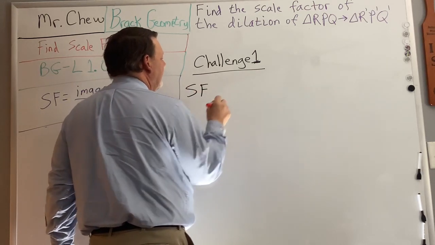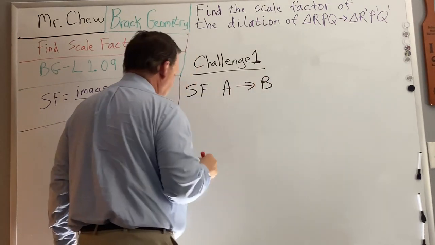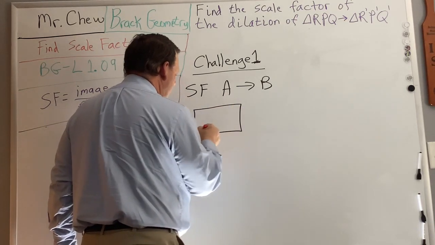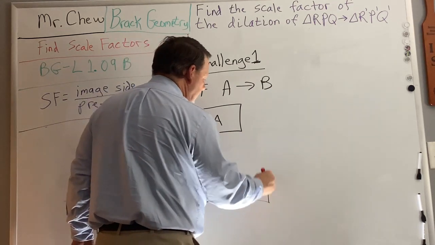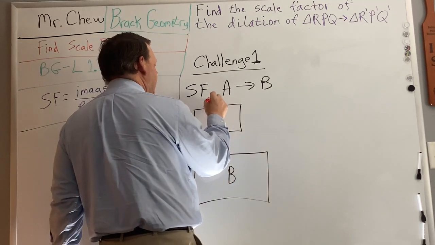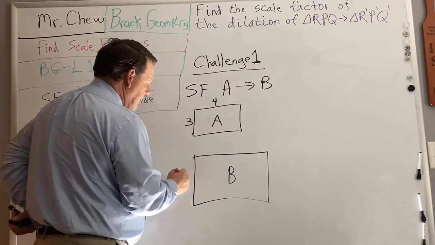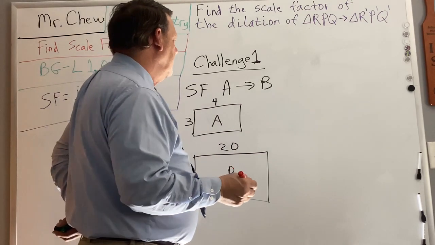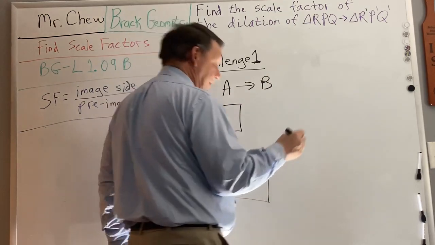Find the scale factor from A to B. So there's A. There's B. This is 4. This is 3. This is 15. And this is 20. And then show that yes, indeed, that truly is the scale factor.